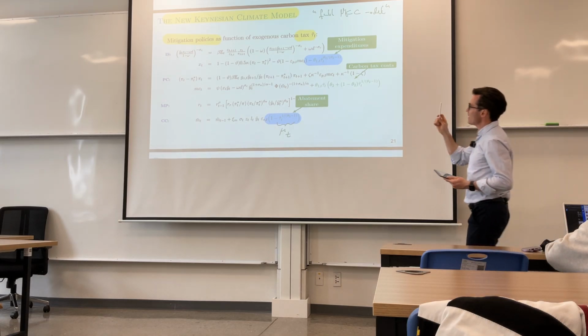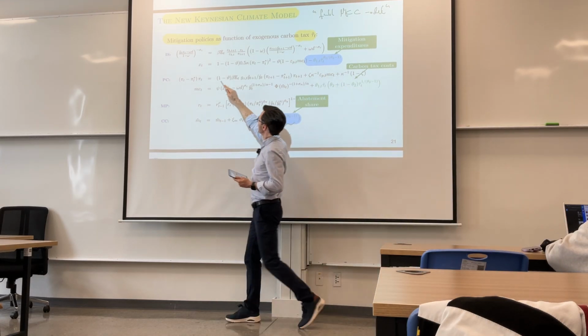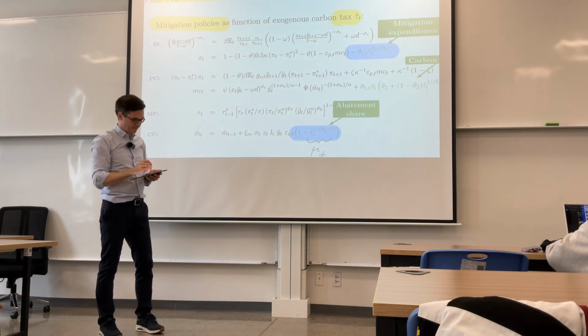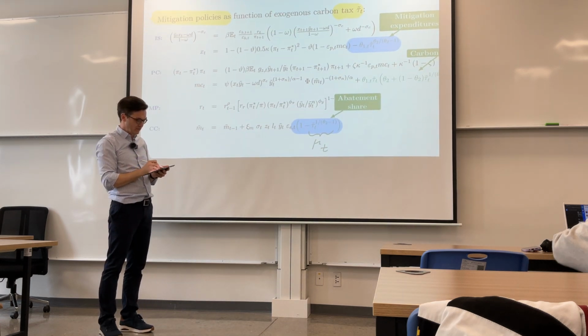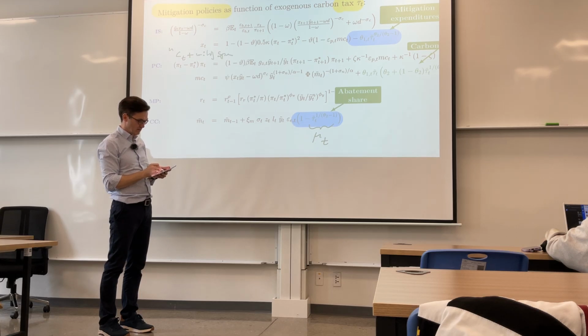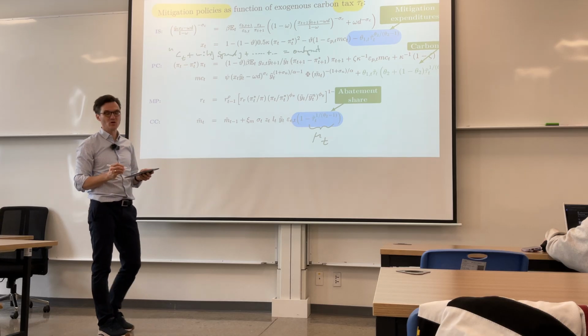I like to always think about it like this: if you put this onto the other side, what this says is that you have, literally speaking, consumption plus abatement spending or mitigation spending, plus adjustment costs, is equal to output. That's what this equation says.